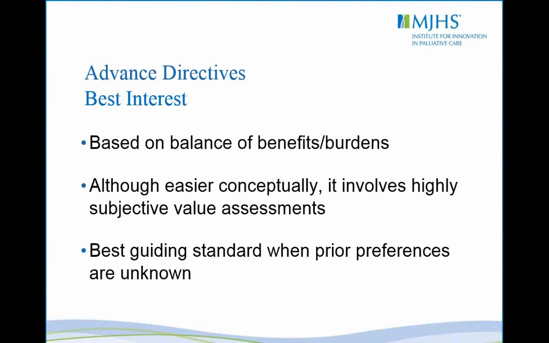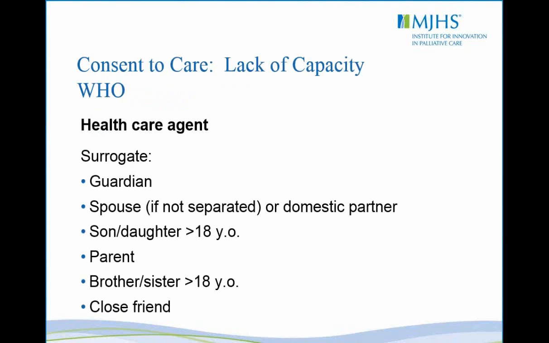So who makes decisions when a patient lacks capacity? First, it will be the healthcare agent, through the proxy form. If none of that exists, then it will go to the surrogate. The surrogate in the state of New York may be somewhat different from some other states, which is why I think we need to look into that. It will be the guardian.